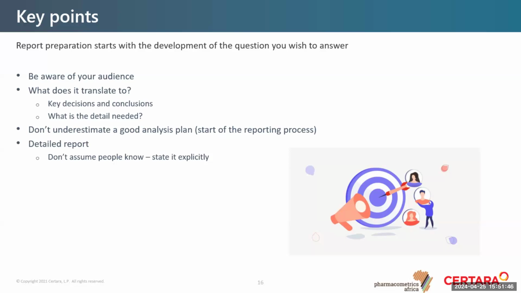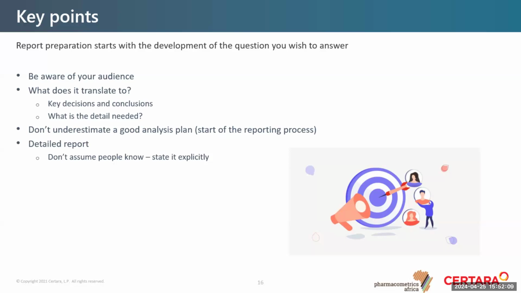And what is the detail needed? At a regulatory level, you need to add the relevant detail. If you go back to the EMA and the FDA, yes, they both have their key differences, but using them in conjunction would also work really well. So that type of detail that's needed, give it to them.